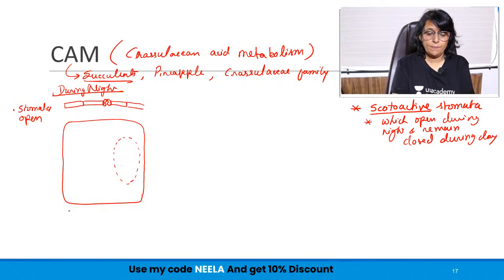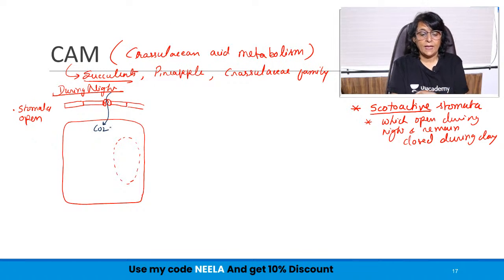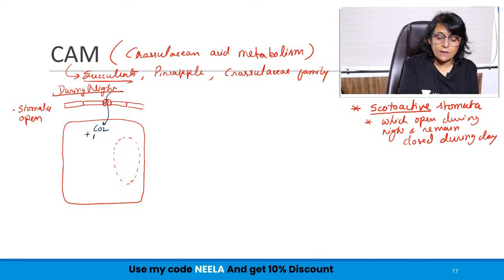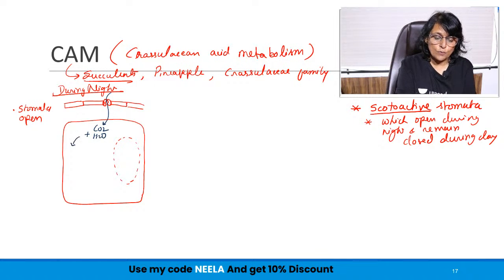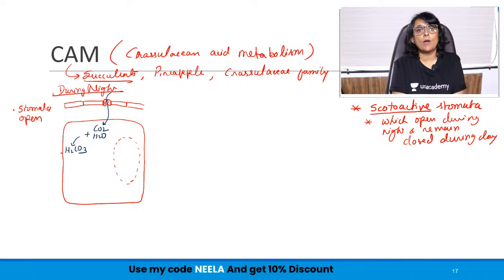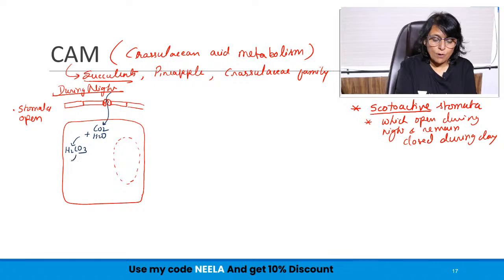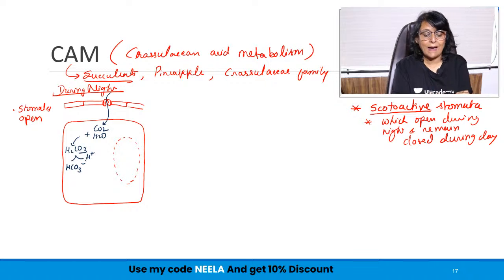During night time, carbon dioxide is taken in because stomata are open. This carbon dioxide reacts with water in presence of carbonic anhydrase to form carbonic acid. This carbonic acid dissociates into H+ and bicarbonate ions.